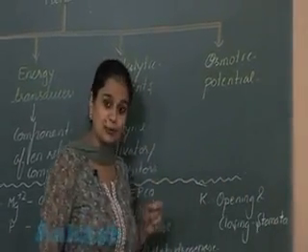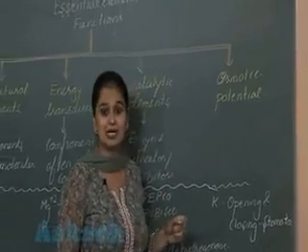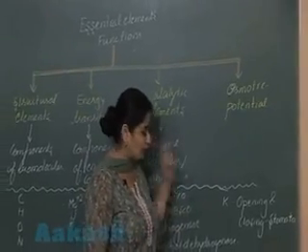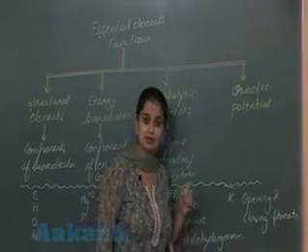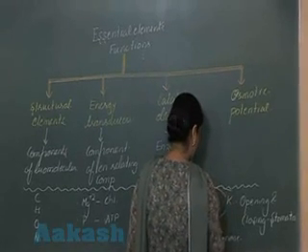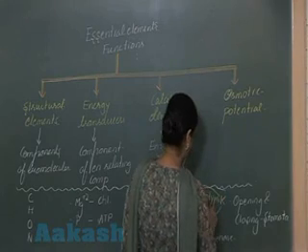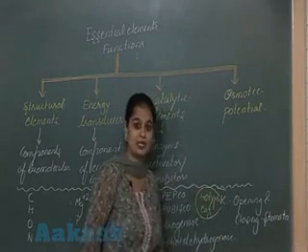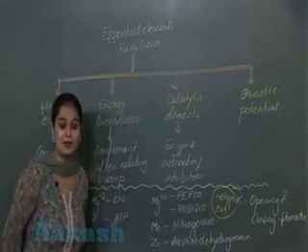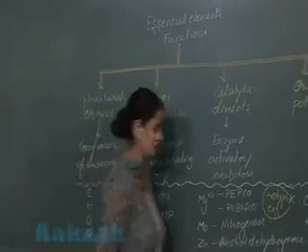Potassium is a macro element, right? And I just told you that macro elements have a secondary role in enzyme activation, but potassium is a macro element which can activate even 40 types of enzymes. Yes, 40 types of enzymes can be activated by potassium. Now after this, I will be discussing the types of essential elements on the basis of their availability.